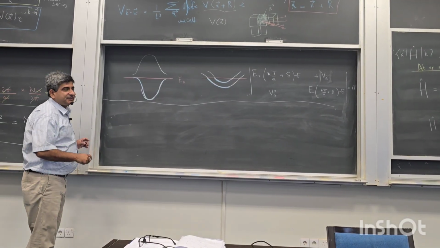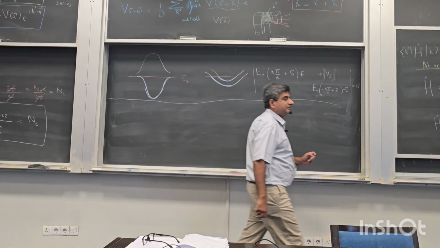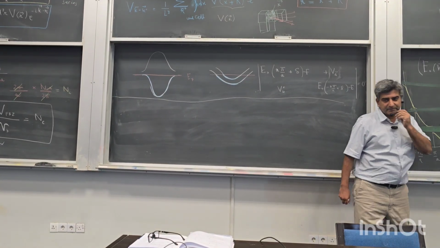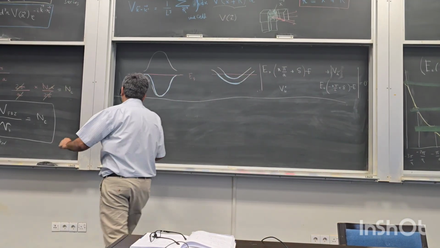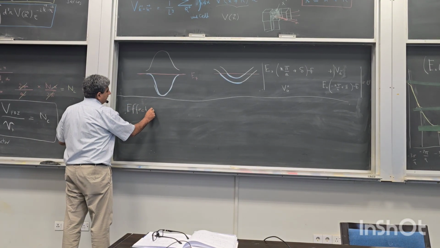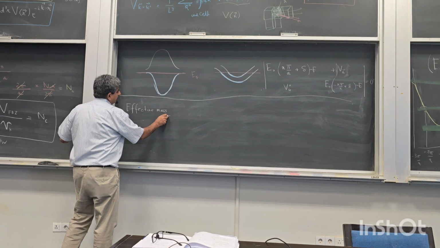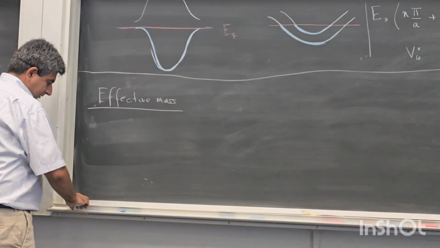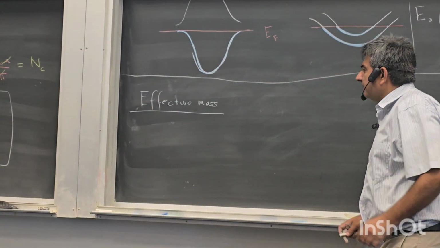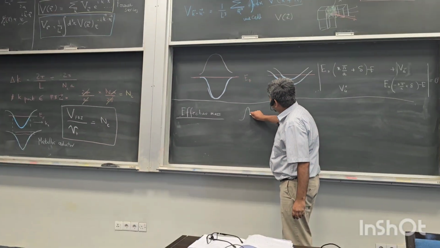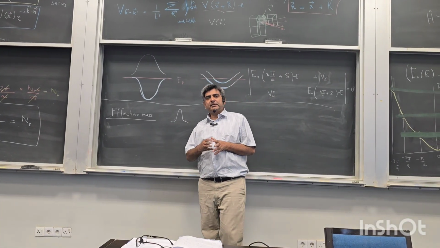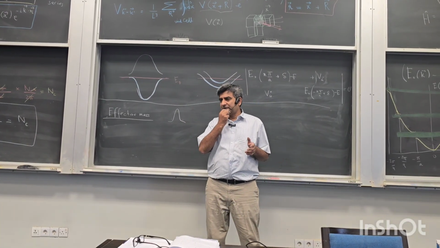Now let's spend some quality time on the effective mass, the idea of the effective mass of the electron. I do know that if I have a particle such as an electron inside a solid, the particles are seldom plane waves.